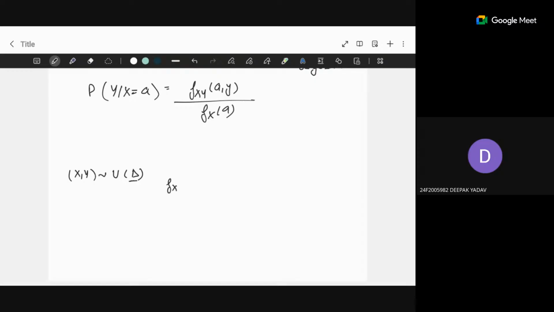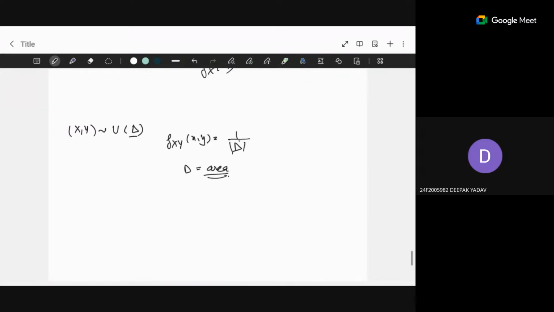Then if you need to find out the joint PDF, how will you find it? It is basically 1 upon the mod of D, where D is my area. Okay. Yes ma'am, got it.